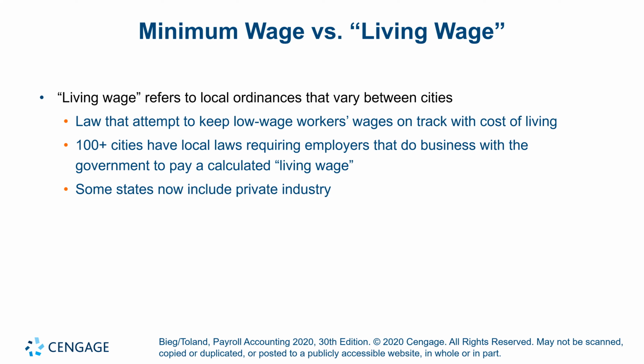Just like it shows here, living wage refers to local ordinances that vary between cities, laws that attempt to keep low wage workers' wages on track with cost of living. 100 plus cities have local laws requiring employers that do business with the government to pay a calculated living wage. And then some states now include private industry in these living wage laws.